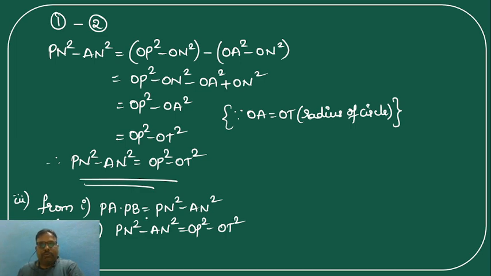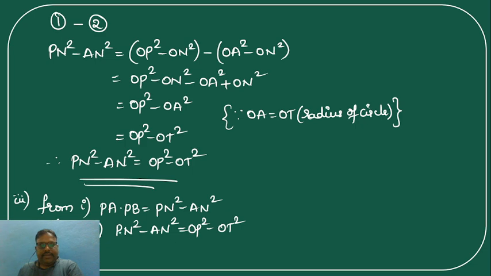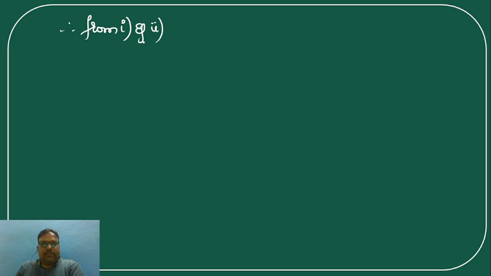So from 1 and 2, I can write PA into PB is equal to OP square minus OT square, right?